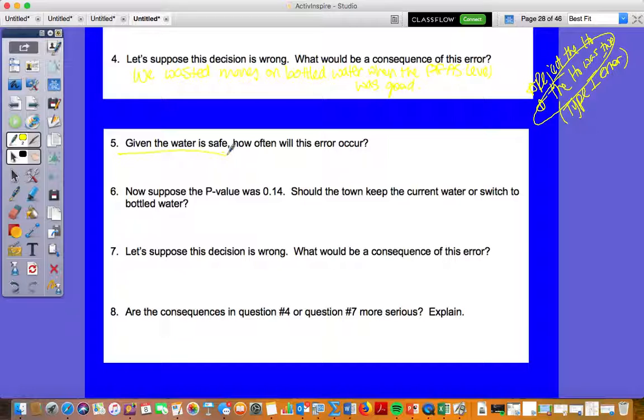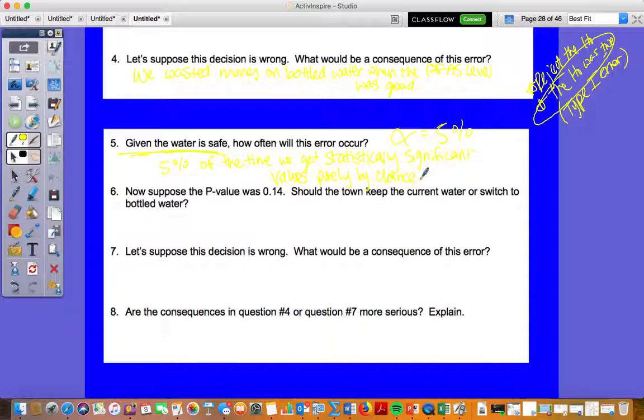So coming back to number 4, how often will this error occur? Well, what's my alpha level? 5%, right? So we would say that in this situation, 5% of the time, we get statistically significant values purely by chance.